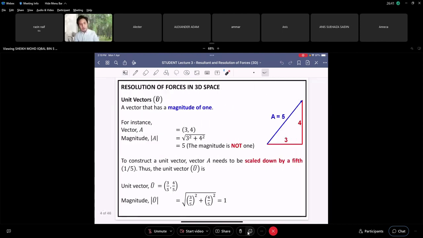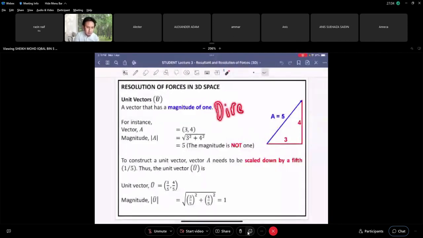Before we start for the 3 dimensional space, you have to remember the unit vectors. If you remember correctly, a vector is a quantity that has magnitude and direction.